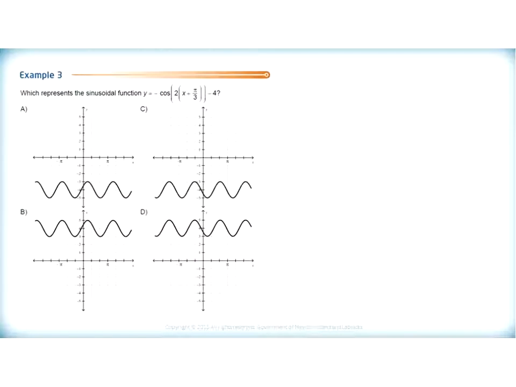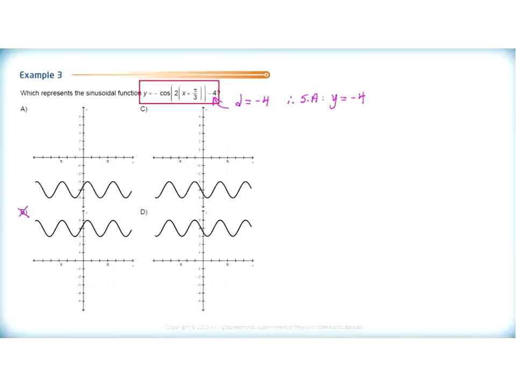In example 3, which represents the sinusoidal function y equals the negative cosine of 2 times x plus pi over 3 minus 4. The first thing that I look at here for this one is the value of D. D is equal to negative 4, which tells us that the sinusoidal axis passes through y equals negative 4.